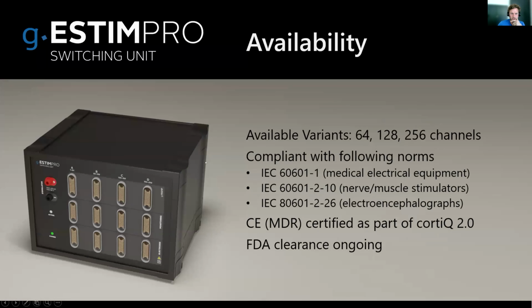So right now we have the switching unit available in 3 variants, 64 channels. So this is just the left group here with 1 electrode connector box, 128 channels. So there you have 2 connector boxes, or the full-fledged switching unit with 256 channels, which uses 4 electrode connector boxes.